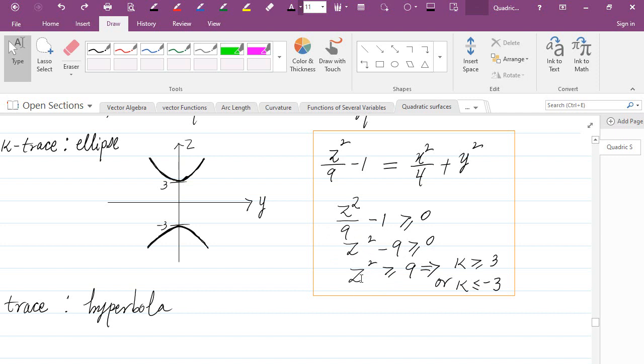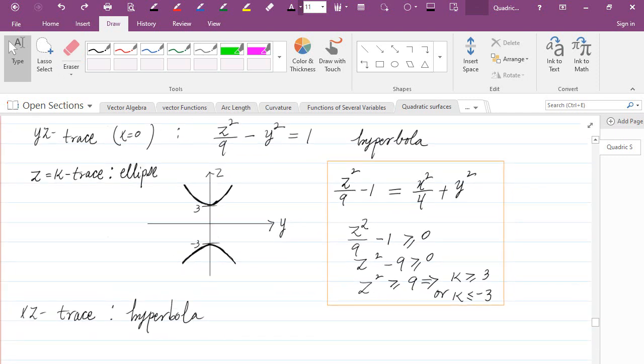Now if z squared is greater than 9, then either z is greater than 3 or z is less than negative 3. Obviously if z is between negative 3 and 3, then z squared would be smaller than 9. Sorry, I should be writing z here: z is greater than 3 or z is less than negative 3.